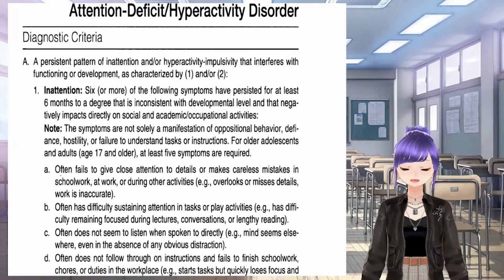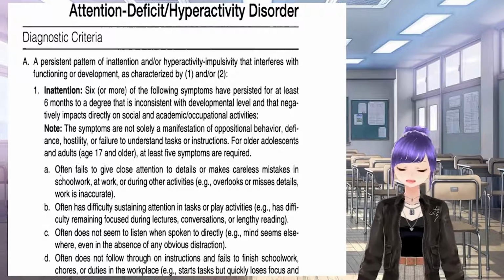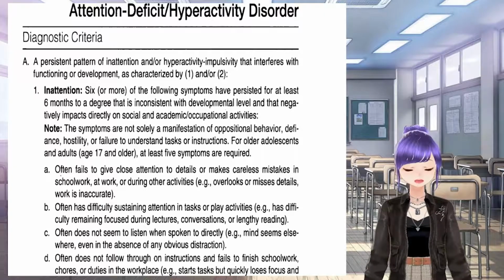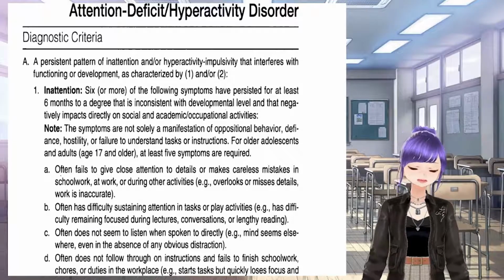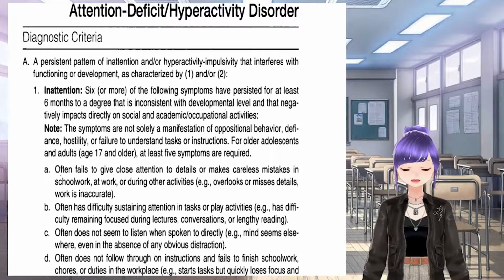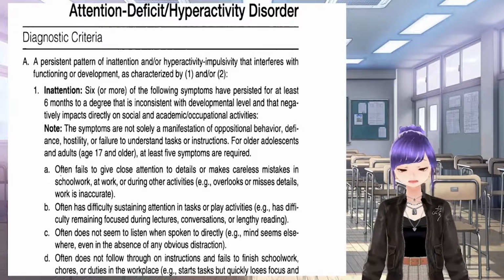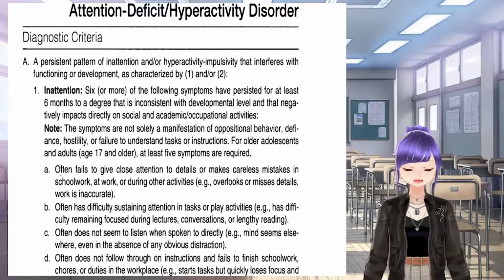Letter A, often fails to give close attention to details or makes careless mistakes at school, at work, or during other activities. For example, overlooks or misses details or work is inaccurate. Letter B, often has difficulty sustaining attention in tasks or play activities. For example, has difficulty remaining focused during lectures, conversations, or lengthy reading.